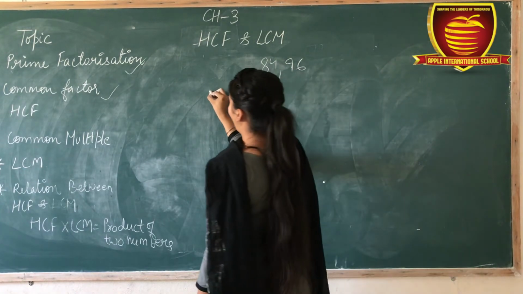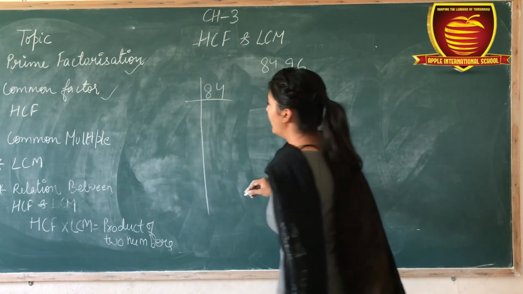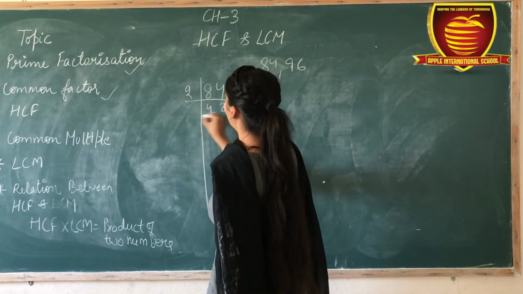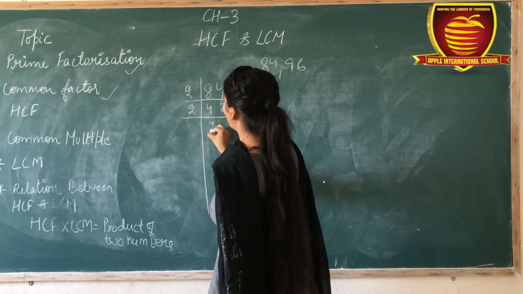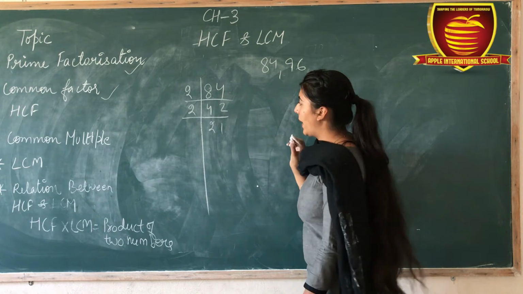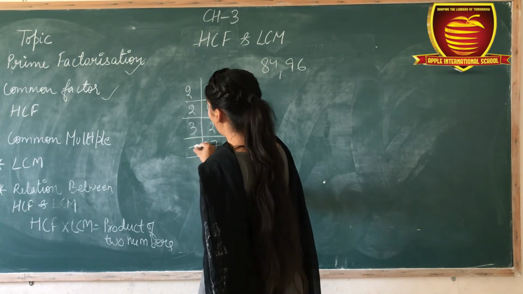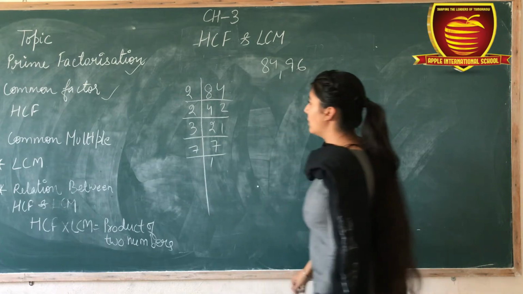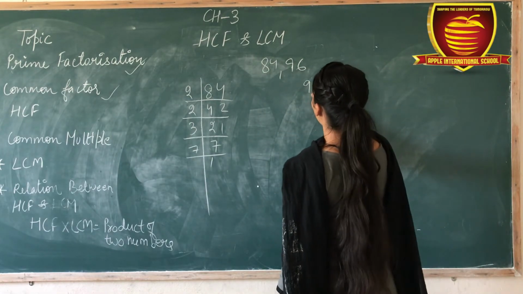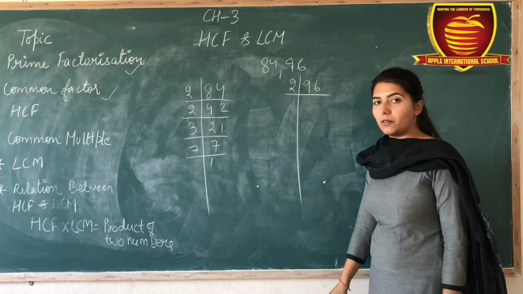So divide 84 by the least prime number, as we did: 2, 42, 2, 21. Now see that 21 is not divisible by 2. So here we can take the number 3. Now 96. 96 is divisible by 2.